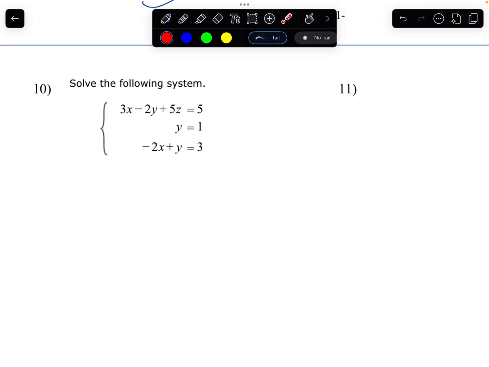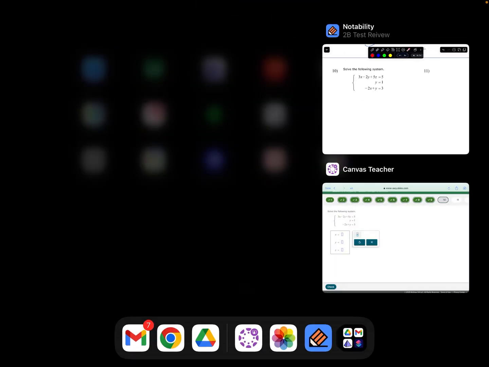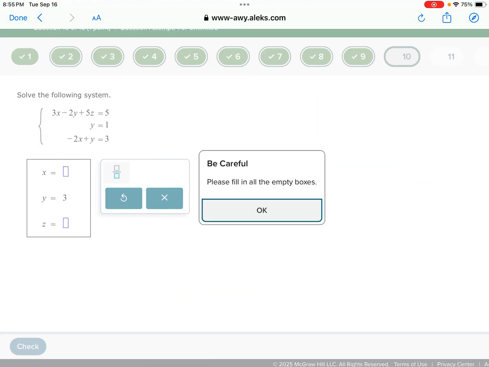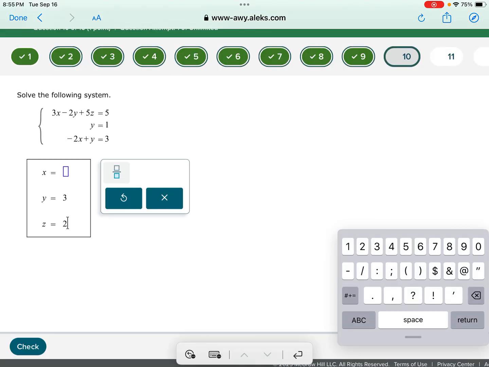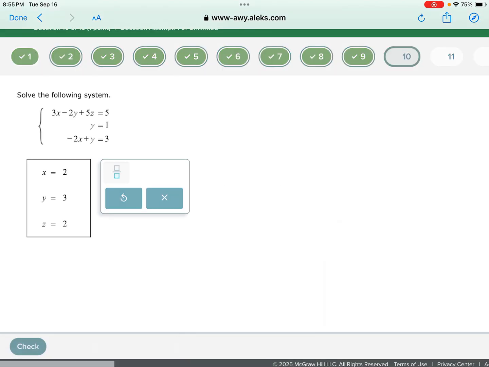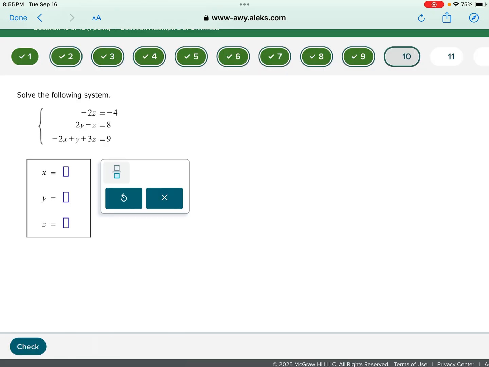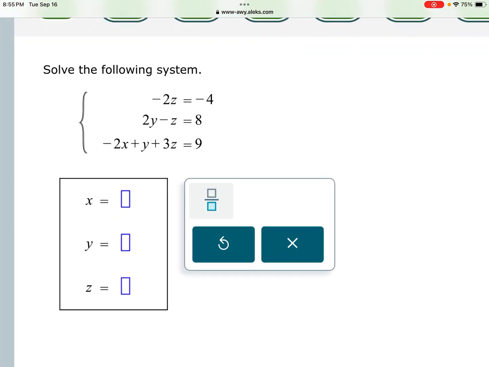All I have to do is pick the equation that gives you something really easy. I'm going to try and get something a little bit more difficult. Oh wow, I got one of these right. So for example, something like this right here.